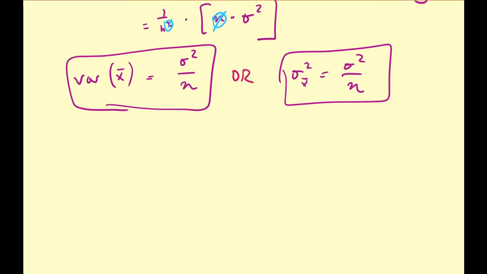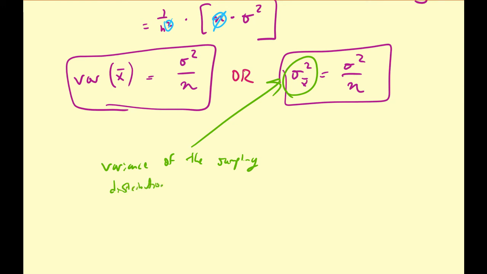So let's explain this and see exactly what this is talking about. This expression here is the variance of the sampling distribution of sample means. Which means what? If we take all of those sample means and put them in a set, this describes how these sample means are varying with respect to one another.